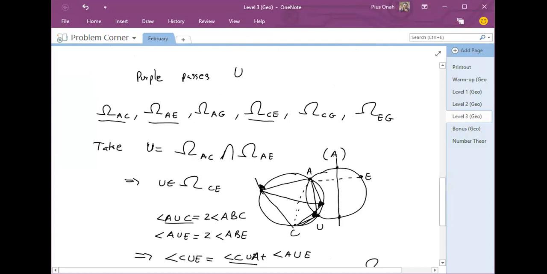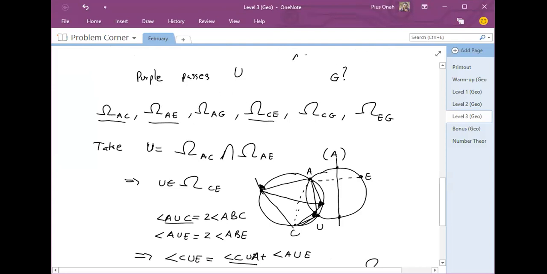Unfortunately, this is not enough to generate all the other circles. That's because it's not easy to see how G comes in. So how does G come in if you started with something involving A, C, and E?